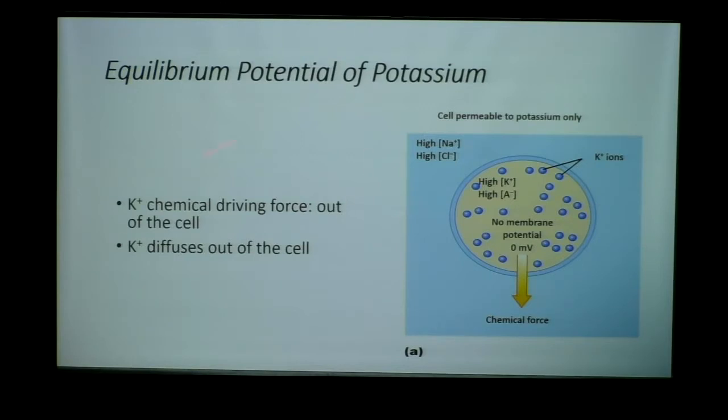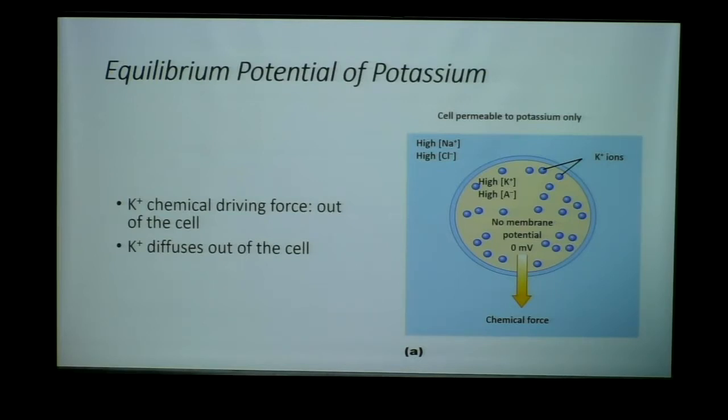And we first look at the chemical driving force of potassium on this cell. Now we have a high concentration of potassium inside the cell. This we know to be true, and a lower concentration of potassium outside the cell. So this creates, very simply, a chemical driving force where potassium wants to move down its concentration gradient, which is out of the cell. Okay, this is your chemical driving force.